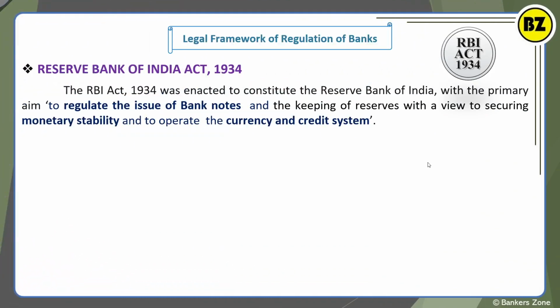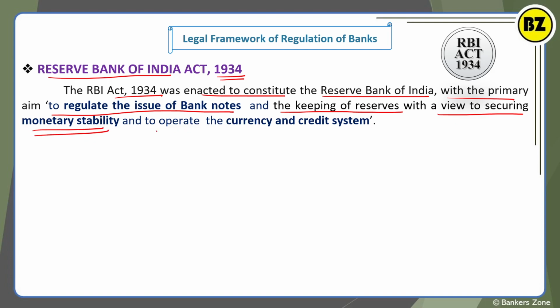Now see the RBI Act. Here we will discuss the Reserve Bank of India Act 1934. This act was enacted to constitute the Reserve Bank of India, with the primary aim of what? To regulate the issue of banknotes and keep reserves with a view to securing monetary stability, and to operate the currency and credit system.